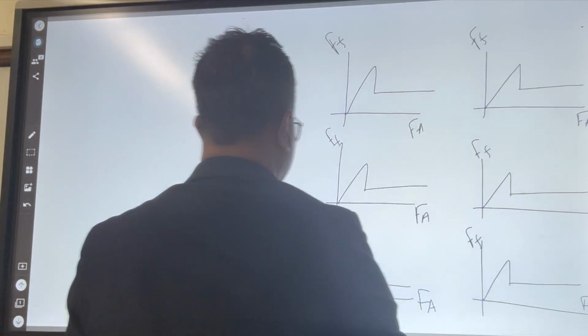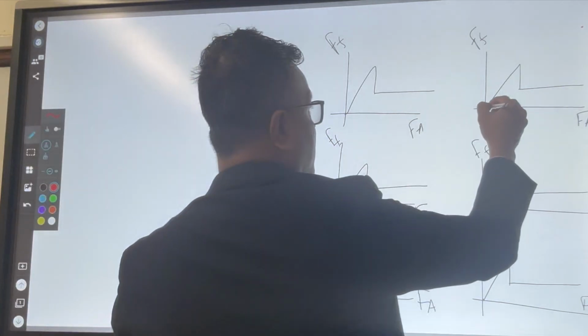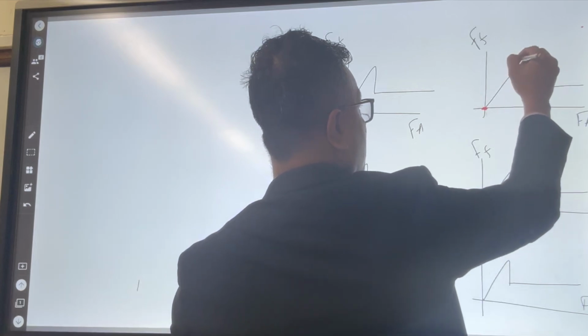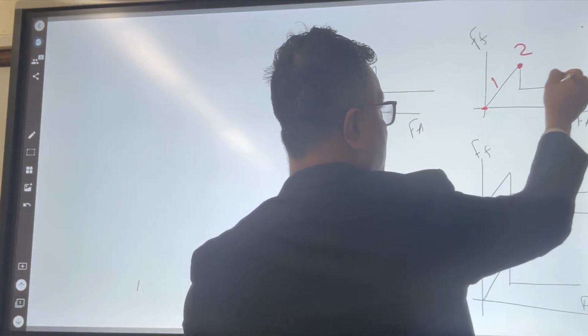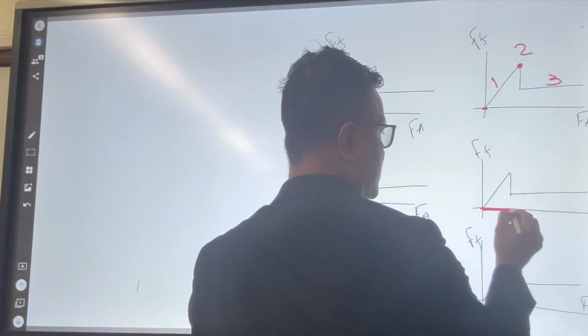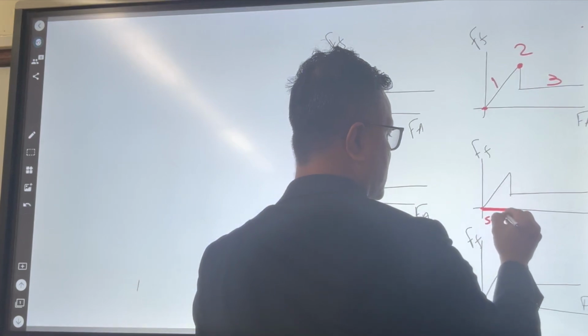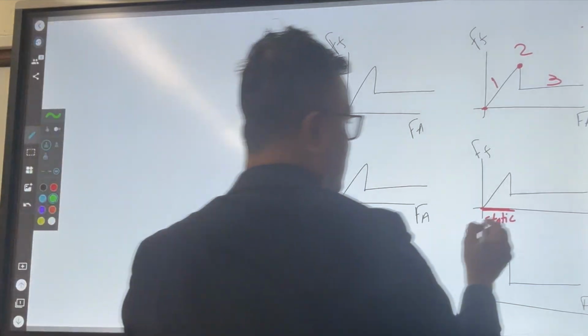You can divide the graph into 3 distinct regions. From here to here is 1. This one is 2, and this one is 3. Why is that? Because from here to here is static, and from here to here is kinetic.